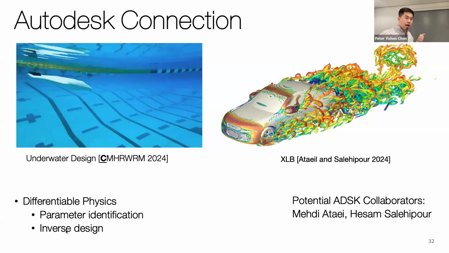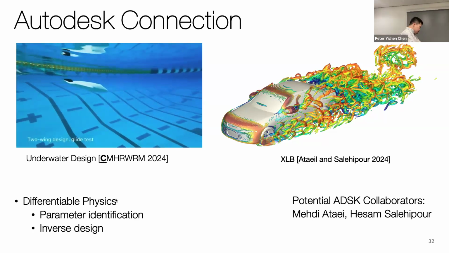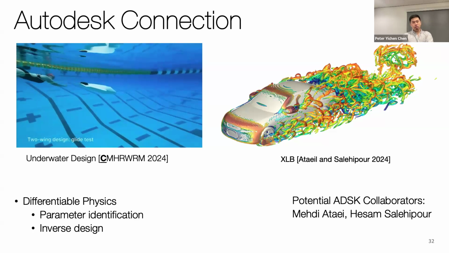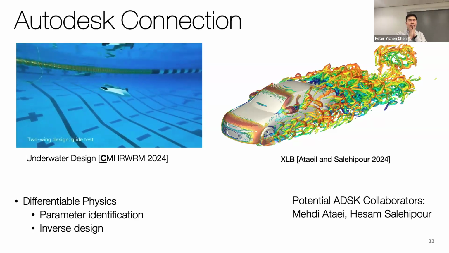But in addition, inverse design is another thing that's very useful when you have a differentiable physics engine. In this case, we're designing these underwater gliders in the swimming pool. We want to design these gliders so that they have a very optimal lift and drag ratio.